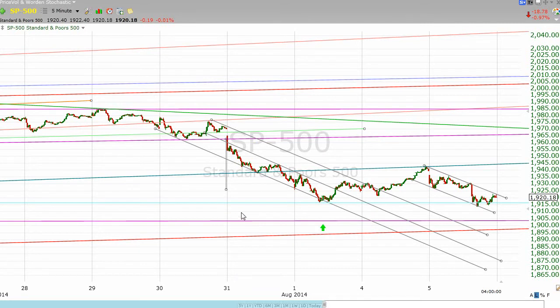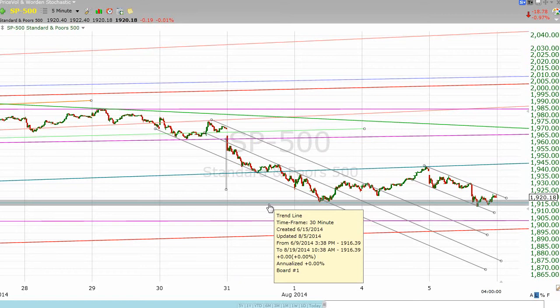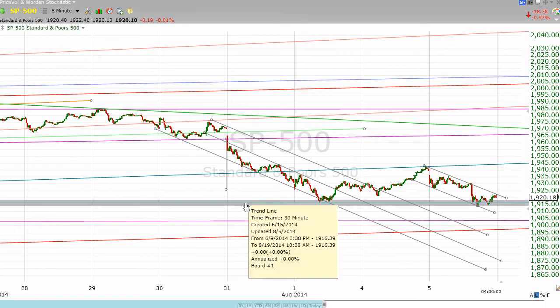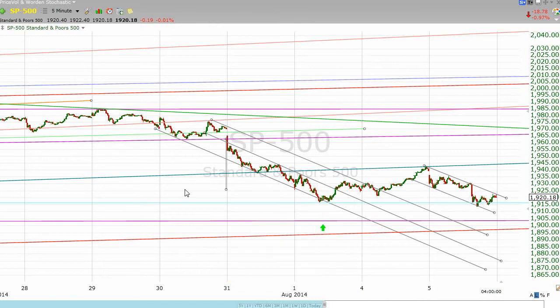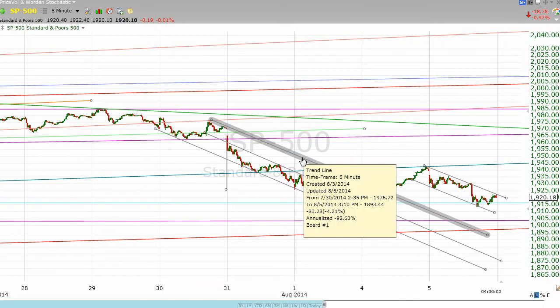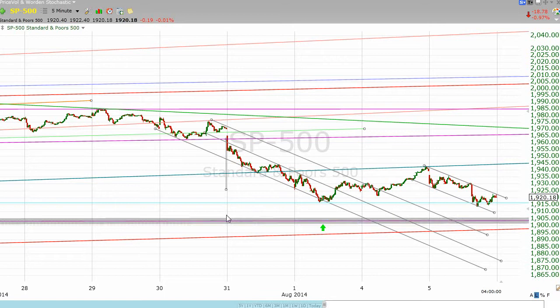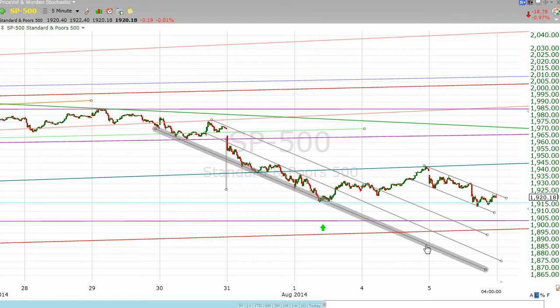Then, using the general tendency of a parallel channel to often morph in shape or be wider than you think, I took this line and created a parallel line up here and mentioned that if the S&P can get over this line, then we're likely going to set up at least some kind of rally.